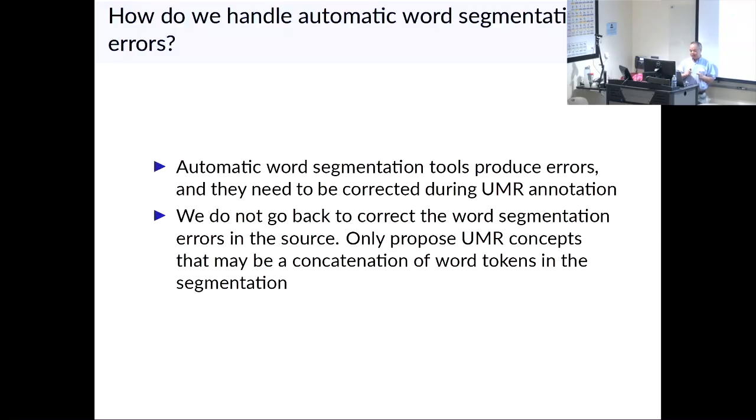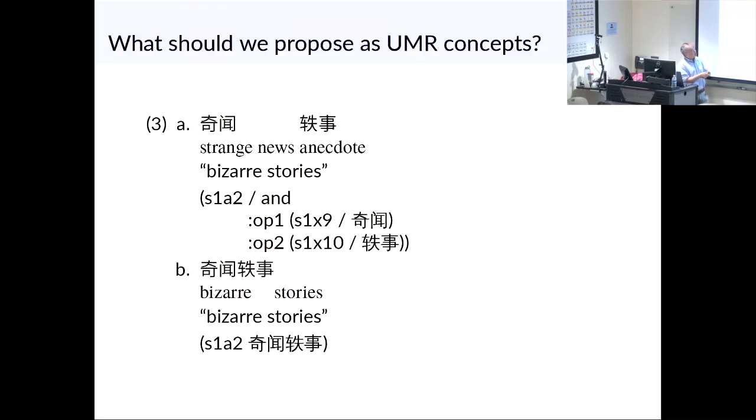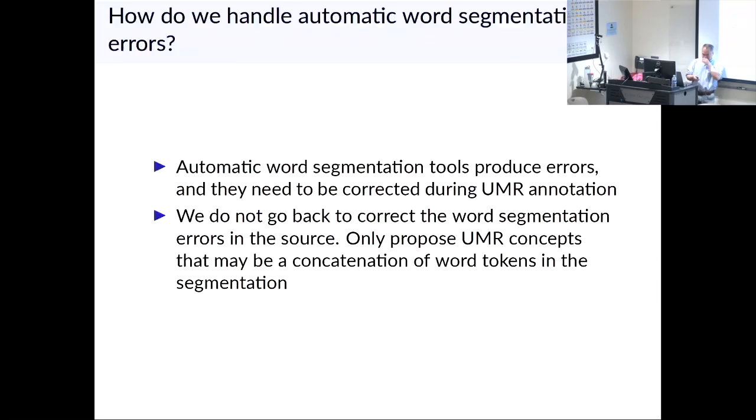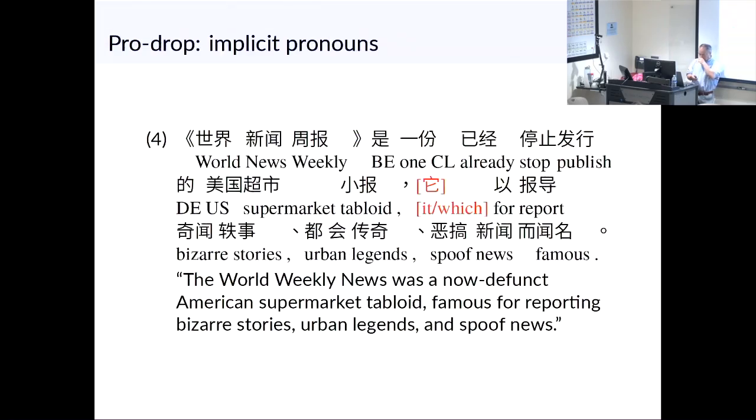Instead, we can select parts of it, or you select these together. So if this is under the annotation, the segmentation, you can just select those two pieces and put them together as just one concept. So it becomes a mapping problem between your UMR concepts and the words in the language. Okay, so that's one thing I wanted to point out.